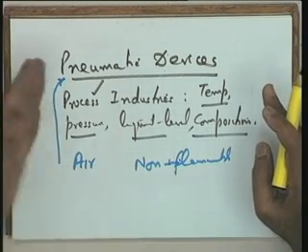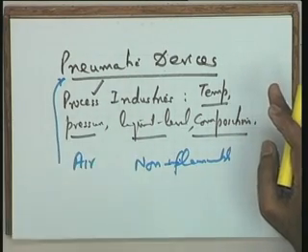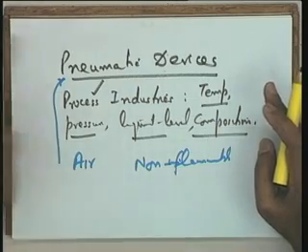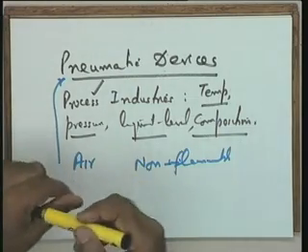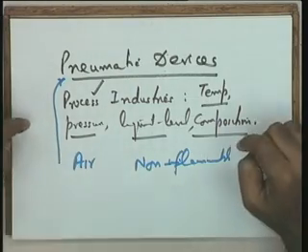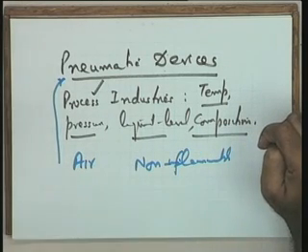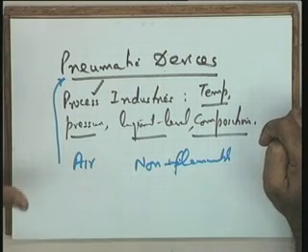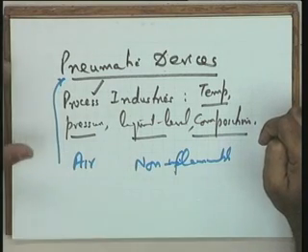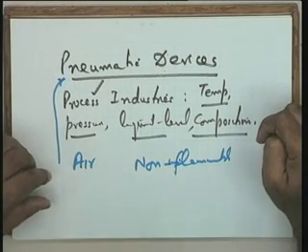These devices are not used in motion control examples. For example, in position control you do not use them because these are slow devices, but the process control applications are dominated by large time constant factors, and it is because of these reasons that the pneumatic devices are extensively used in these applications. Okay.